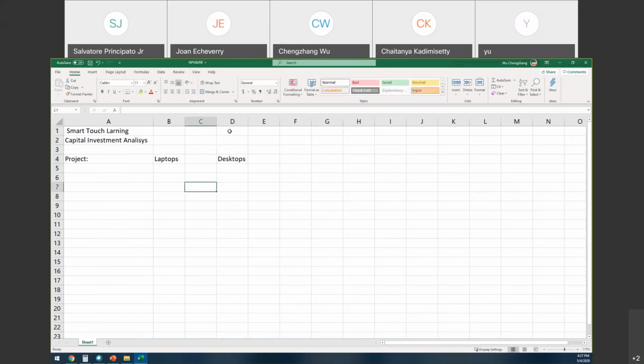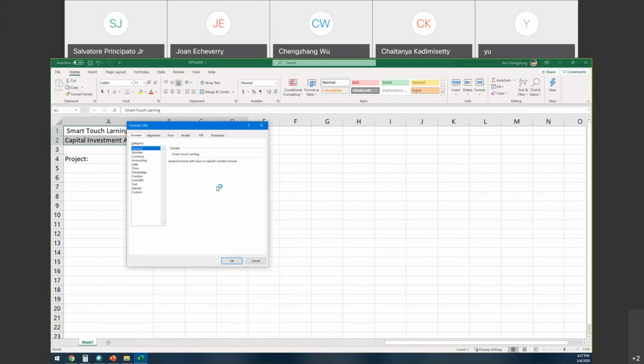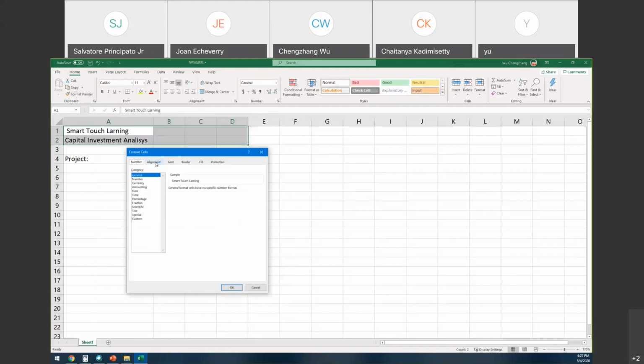Here I need to make the title center across selection. We right click those cells, go to alignment and choose center across selection.